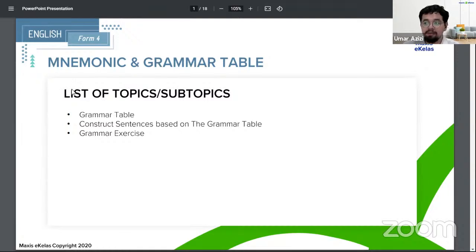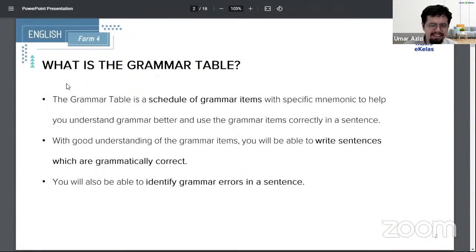Our list of topics and subtopics for today is: 1, we'll go through the grammar table; 2, construct sentences based on the grammar table; and 3, we'll be doing a grammar exercise. Let's go. Now, what is the grammar table? The grammar table is a schedule of grammar items with specific mnemonics to help you understand grammar better and use the grammar items correctly in a sentence.